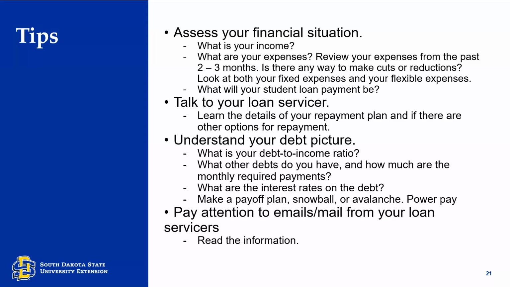All of that information is on either the studentaid.gov website or your loan servicer website, and long before you have to start making payments, you'll know who your loan servicer is going to be. Then talk to the loan servicer to learn about the details of that repayment plan and what some of your options might be.